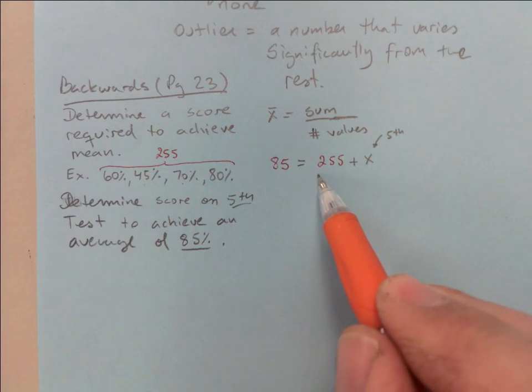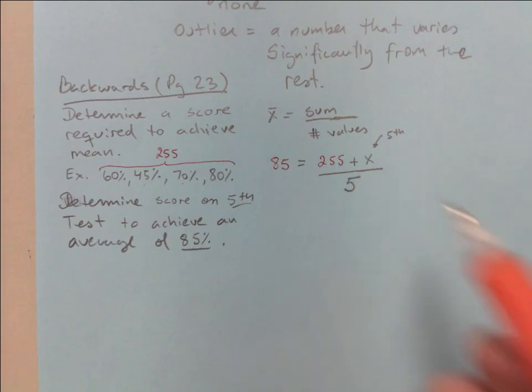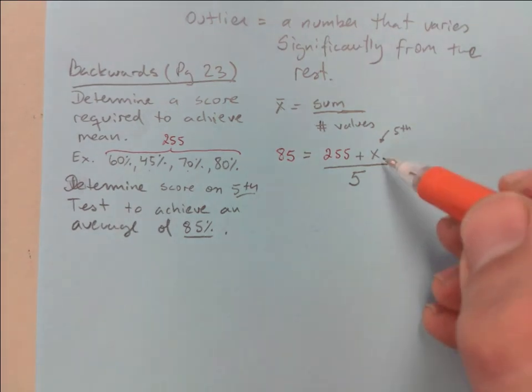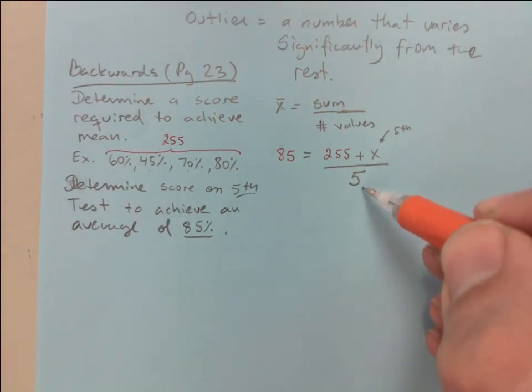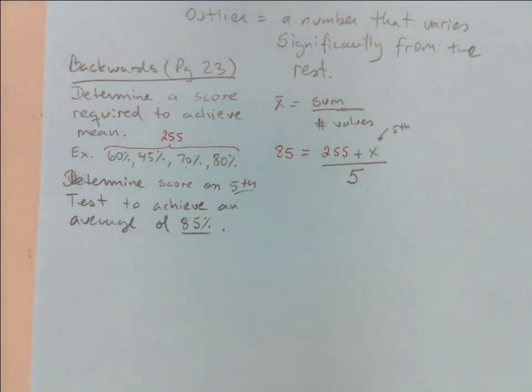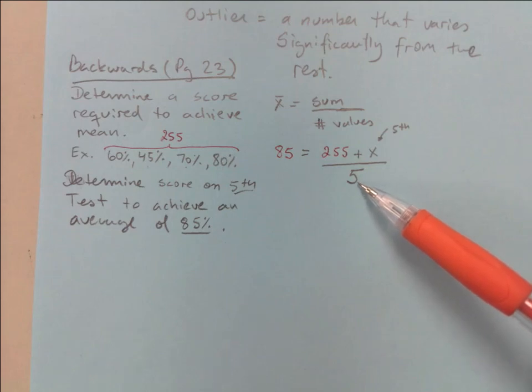Okay? And then you're gonna divide it by 5. This is the 5th value, that's a placeholder, and so therefore this should be divided by 5. If you're considering 9 tests and this is the 10th test, you want to know what do I need to get on that one, you'd have to divide by 10.